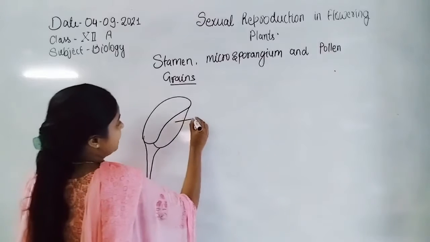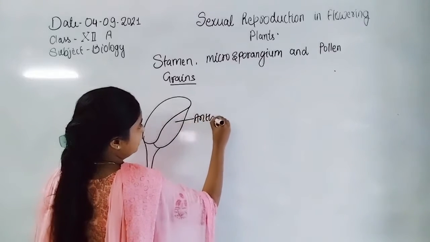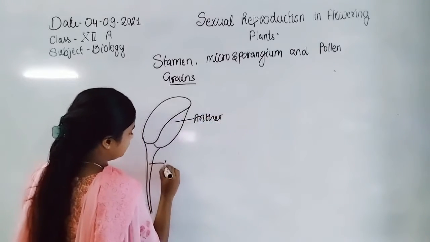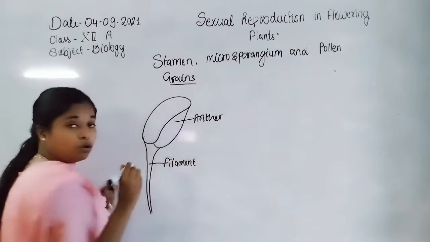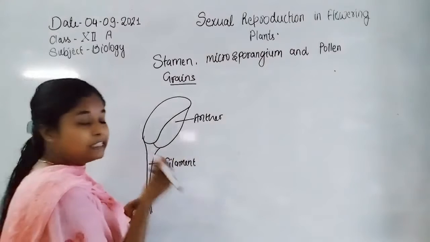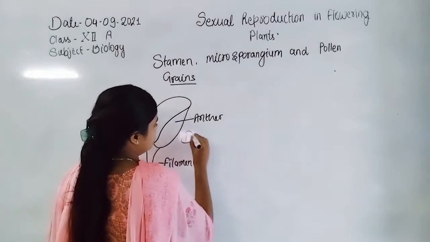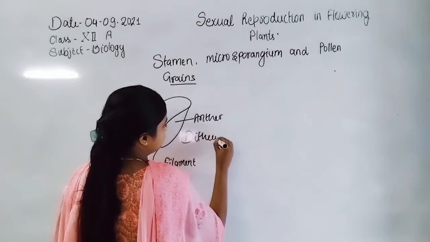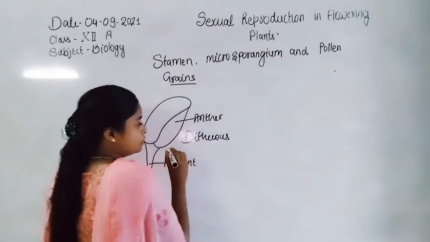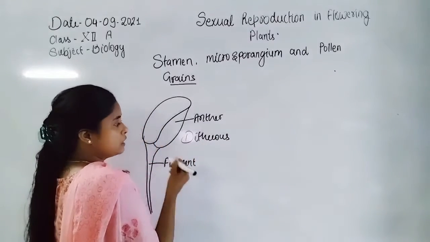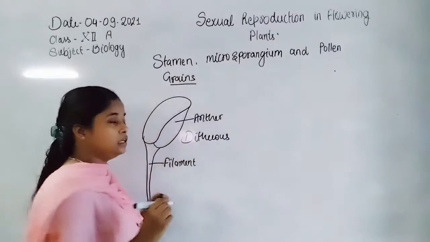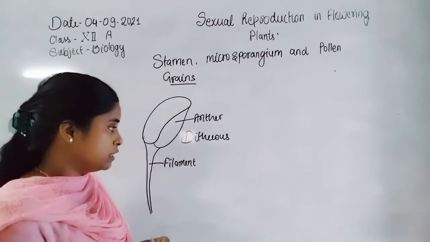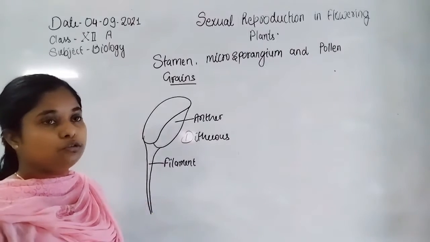So this is the anther. The anther is important, and here is the filament. The anther is always a dithecous, bilobed anther, because there are two thecae situated, and each theca constitutes two chambers.